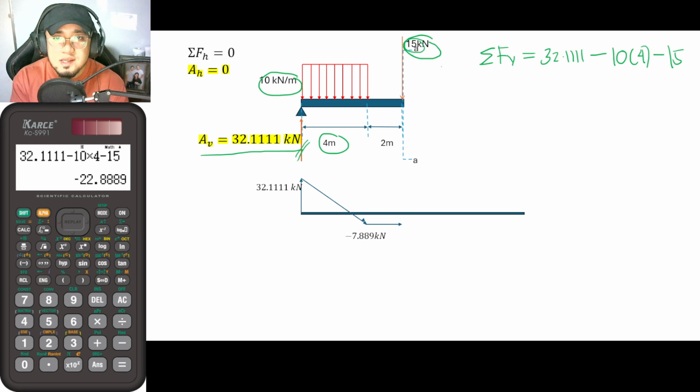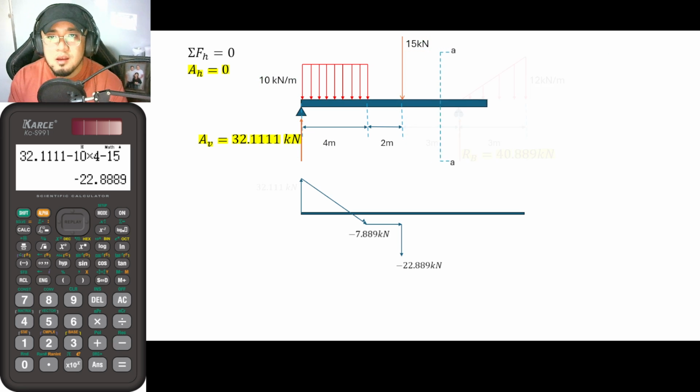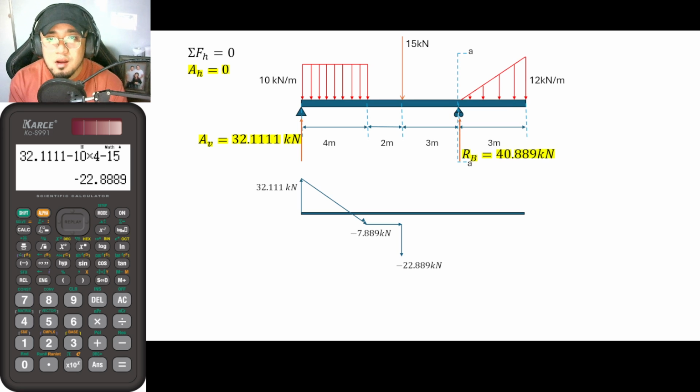So at that location, at this portion, we will now be plotting negative 22.8889. That is now this value, negative 22.8889. Okay, so that is now our shear diagram up until this portion. Next up, let us return the original beam and let us now cut a little bit to the left of the support.